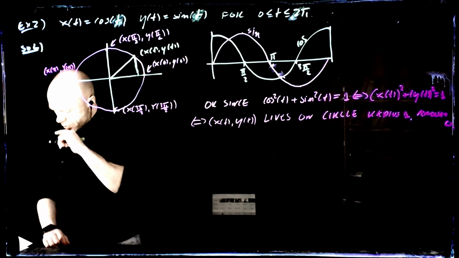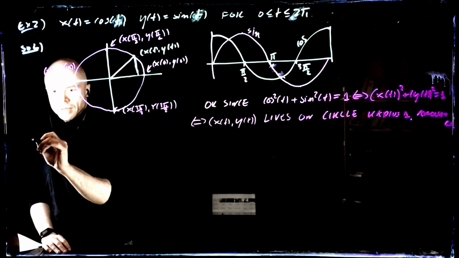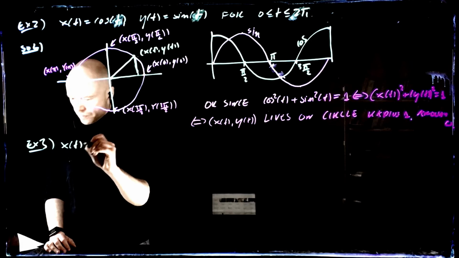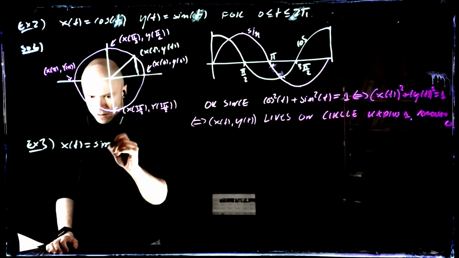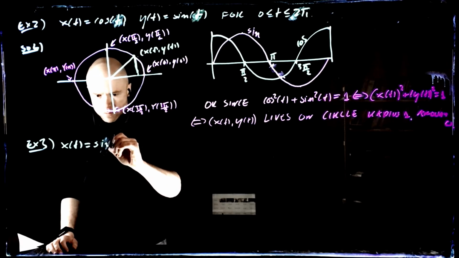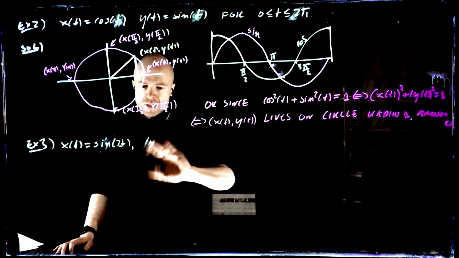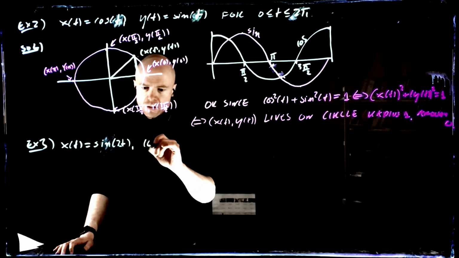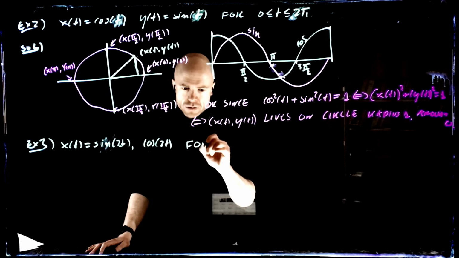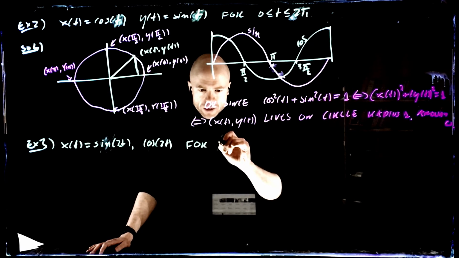Let's do this example. This is example 3. What about x of t is equal to sine of 2t, y of t is cosine of 2t, and the range is t between 0 and 2 pi?